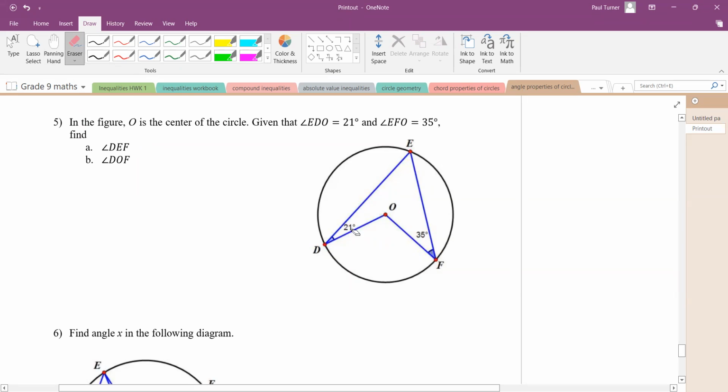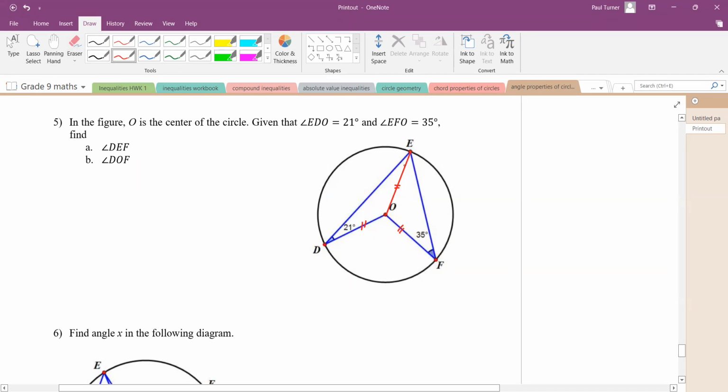Now, it looks a bit complicated, but what I recommend you do is separate this shape into two isosceles triangles like that. Quite often this is the best approach: separate your quadrilaterals into triangles that you can work with. And when you do that, you've created two isosceles triangles, one here and EOF, this one here.